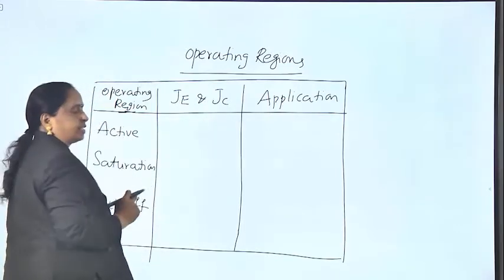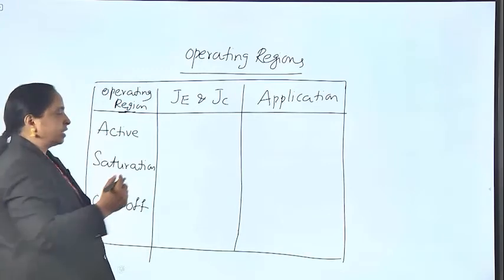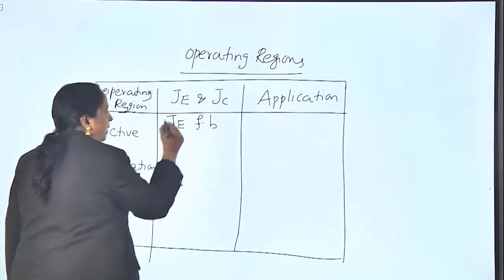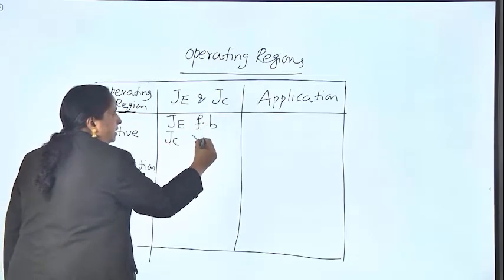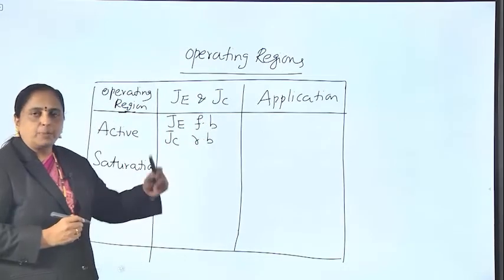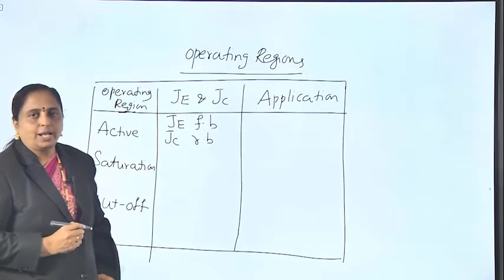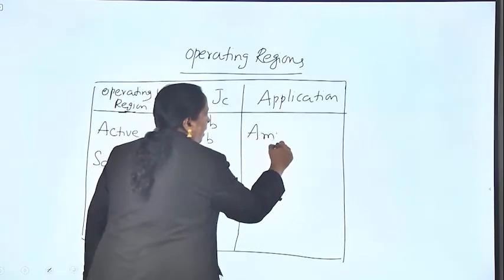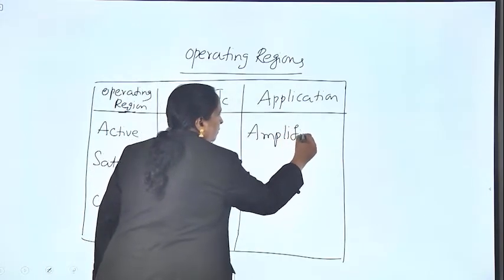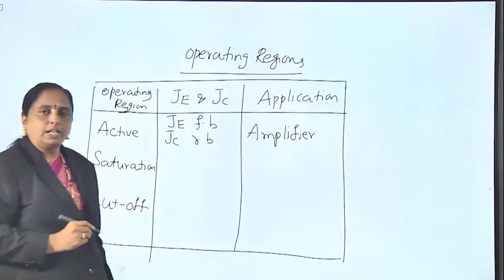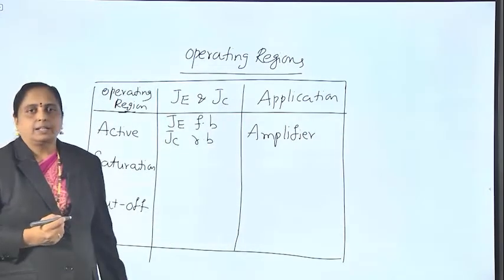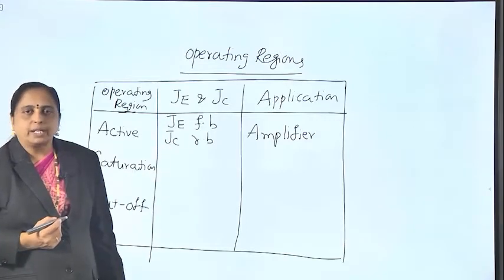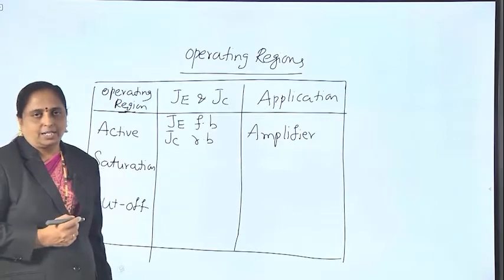For the emitter junction JE and collector junction JC, if JE is forward biased and the collector junction is reverse biased, this type of biasing condition is known as the active region. Here the important application is as an amplifier. If you want to raise the strength of any weak signal, we call this an amplifier. For that, the biasing conditions must be a forward biased emitter junction and a reverse biased collector junction.